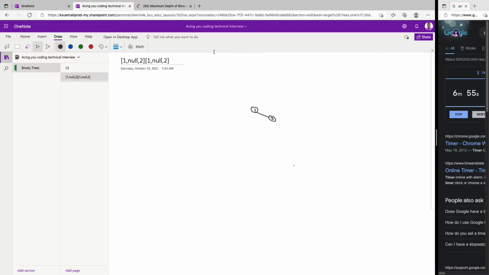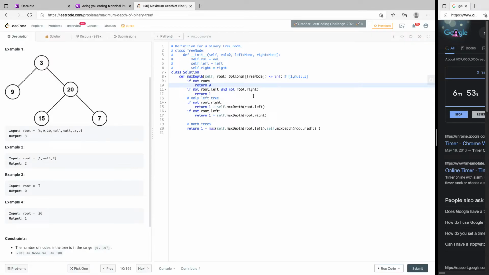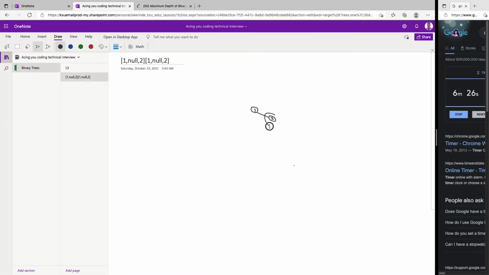So we don't have left in this case. So if not root.left, what it does is add 1 plus a recursive call on root.right. So at that stage we take this 2 as the new root.